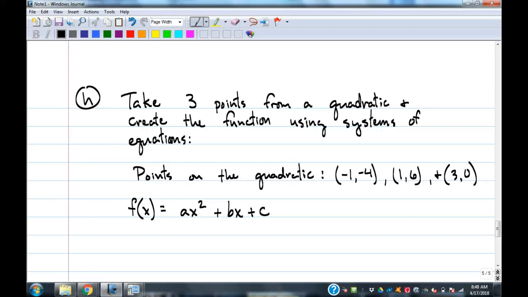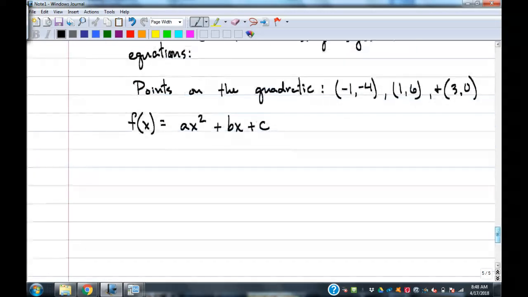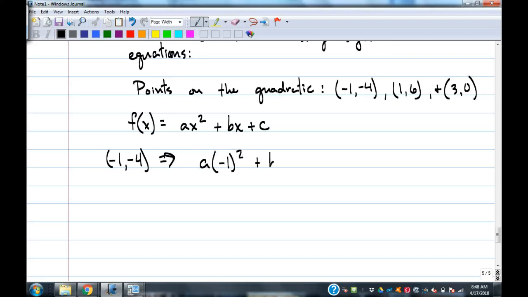What we do is we create 3 equations using those ordered pairs, 1 for each ordered pair. So for -1, -4, we're going to plug in the x and the y and create an equation. It's going to be a times -1 squared plus b times -1 plus c is equal to -4.